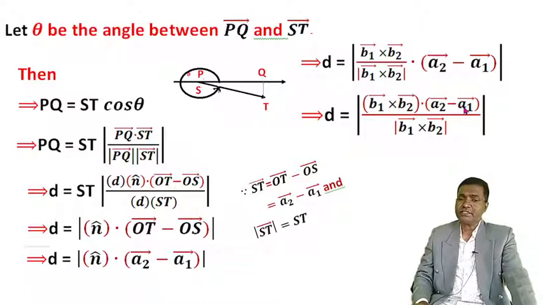Actually, if you know the scalar triple product, this is a scalar triple product and it can be expressed in the form of a determinant. So if you know the idea of scalar triple product, this can be useful in obtaining the expression for shortest distance in Cartesian form. So let's understand the Cartesian form.